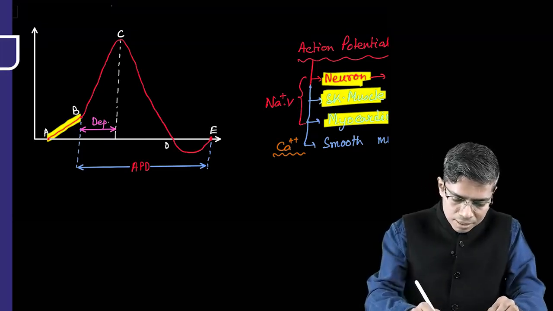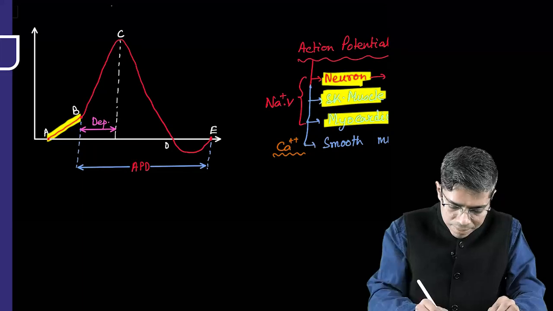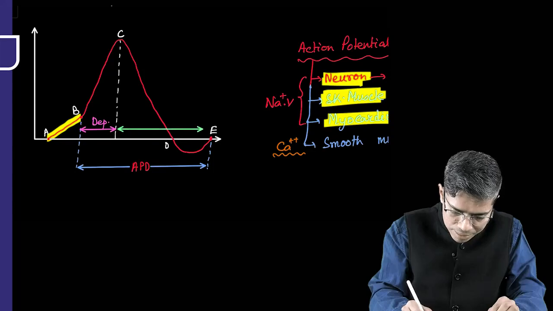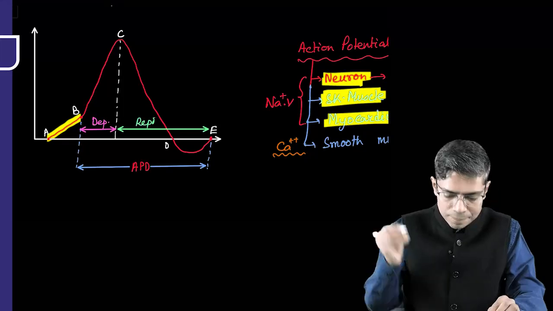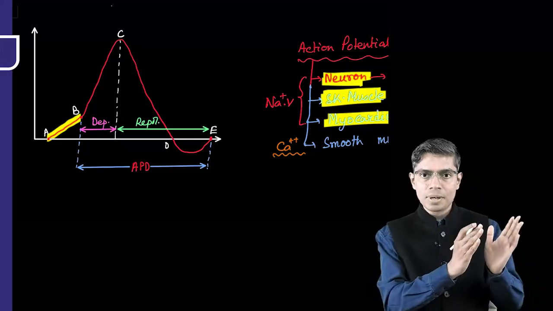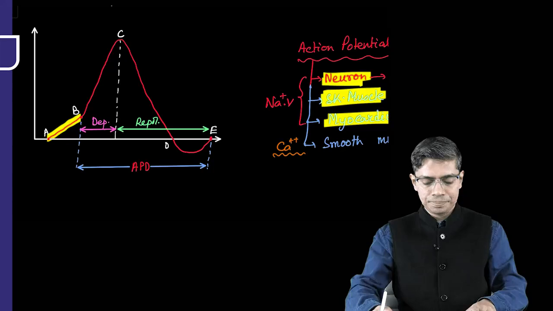And obviously, starting from here, if I measure the time up to the end of this action potential, this is nothing but the repolarization time. Fine. So depolarization time, repolarization time.